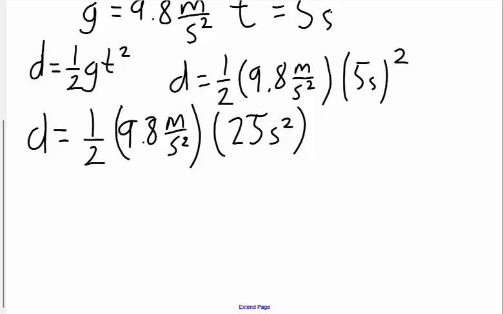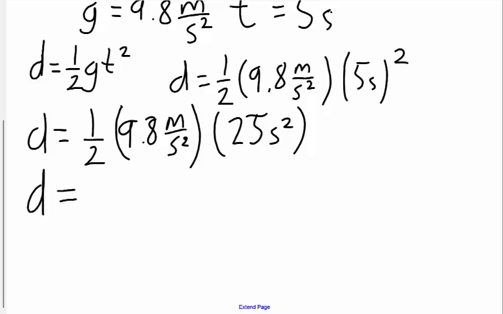Associative says that we can group things in any way. We could group 1/2 and 9.8 first and then multiply by 25. We could group 9.8 and 25 and then multiply by half. We could group 1/2 and 25 and multiply that by 9.8. We get the same thing. But let's just do it as we see it, to follow the order of operations.